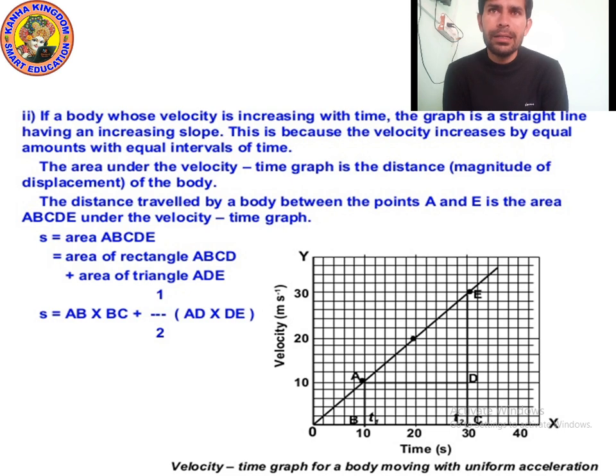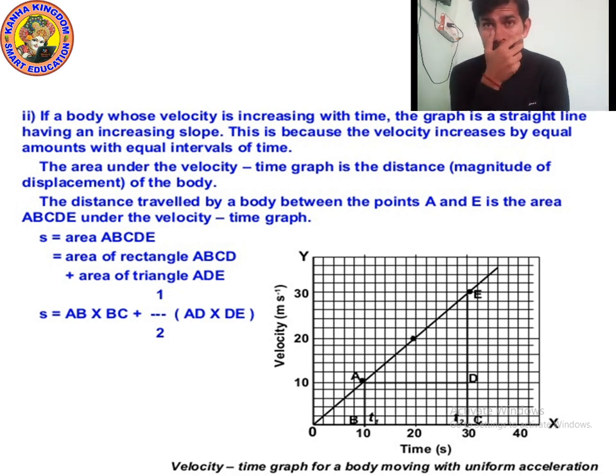The area under the velocity-time graph is actually the distance of the body. So the distance traveled by a body between point A and E is the area ABCDE under the velocity-time graph.